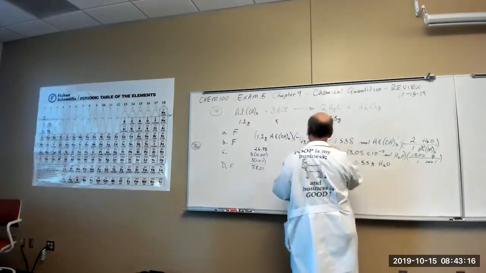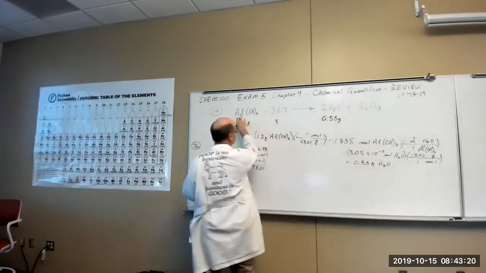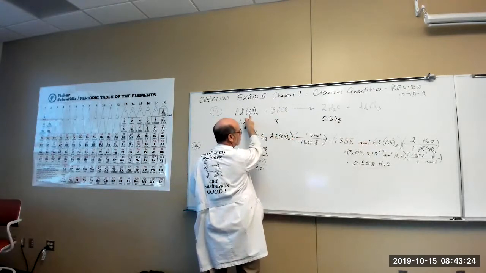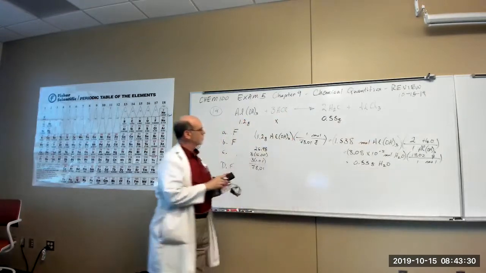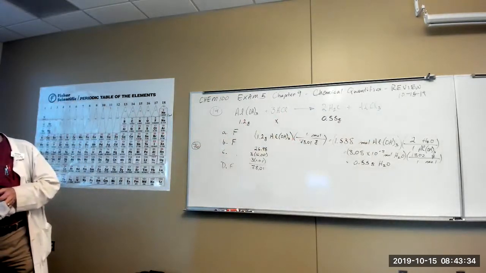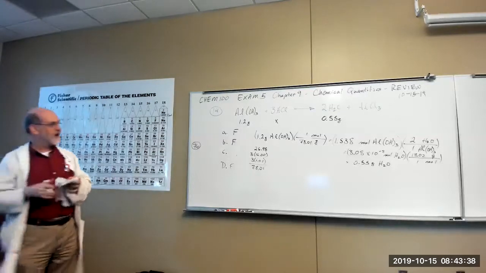We got that many moles of aluminum hydroxide. Is this balanced? Aluminum, 3 oxygens. I don't think it's balanced. That's the problem.